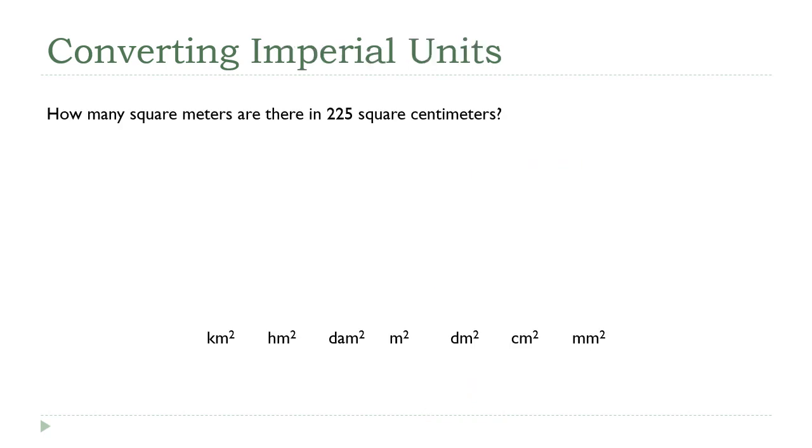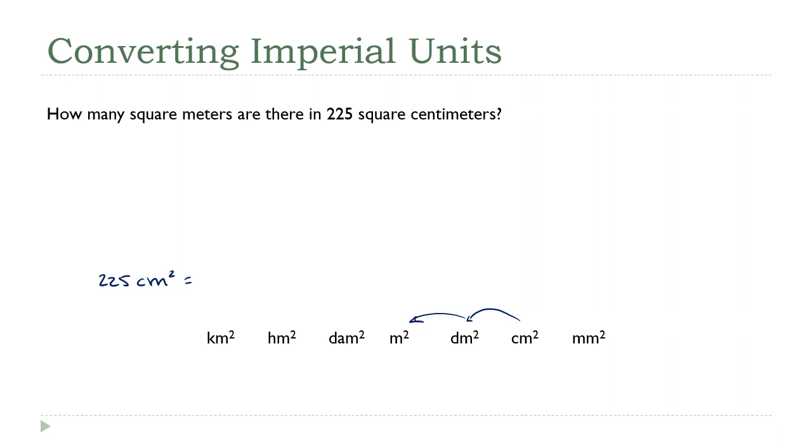I've got an example here for us to look at, and just like we did with linear measurements, I've written out my prefixes in order down here, and I've just added a square to them. It helps to add that in because it's a reminder that you're not going to move the decimal point one place, you're going to move it two places for each step on the line. So we want to take 225 square centimeters and get that to square meters. Looking at my list: square centimeters to square decimeters to square meters.